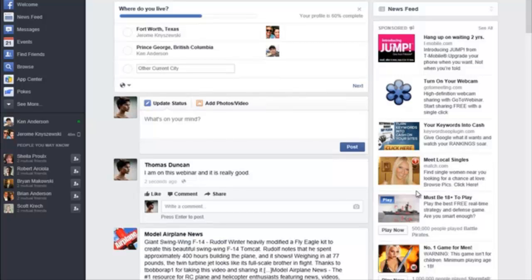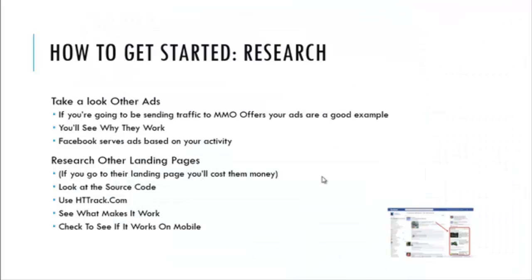So what you'll need to do is, of course, again, and I'm going to take this down now, you want to get a sense for what other ads are being served. How are those ads written? What do they say? What stands out? Really take a look at the ads that are being served to you.